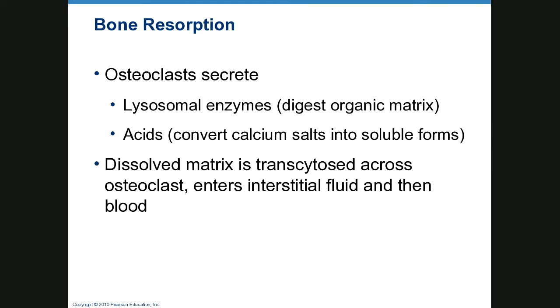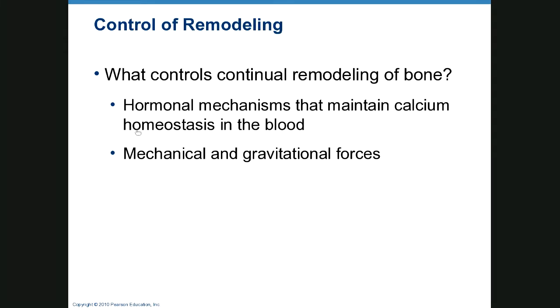Bone resorption takes place because of lysosomal enzymes from osteoclasts that digest the organic matrix, and then the osteoclasts also secrete acids that dissolve calcium salts, and then they're transcytosed across the osteoclast, go into the interstitial fluid, and then into the bloodstream. Now, control of bone remodeling is both under hormonal and mechanical or gravitational forces.